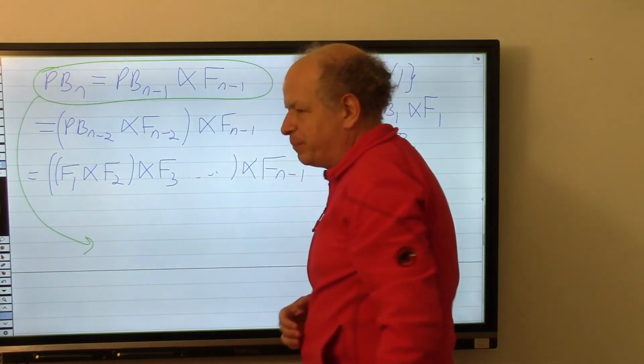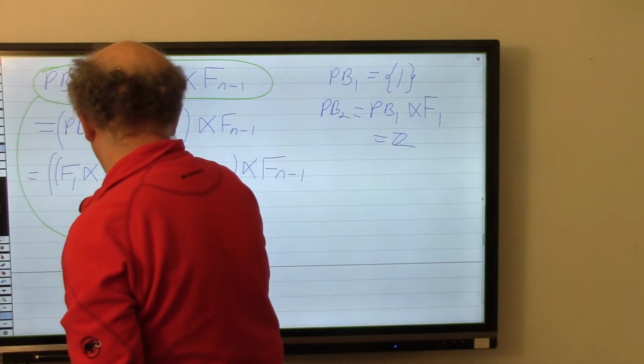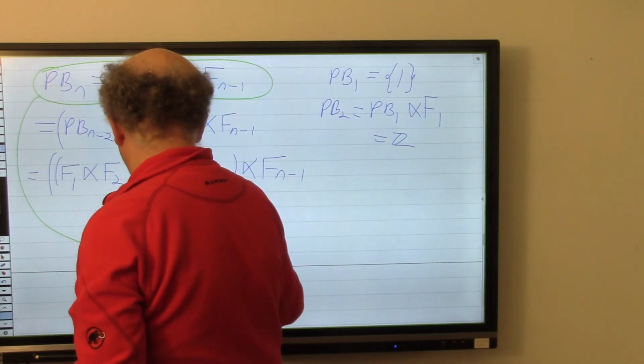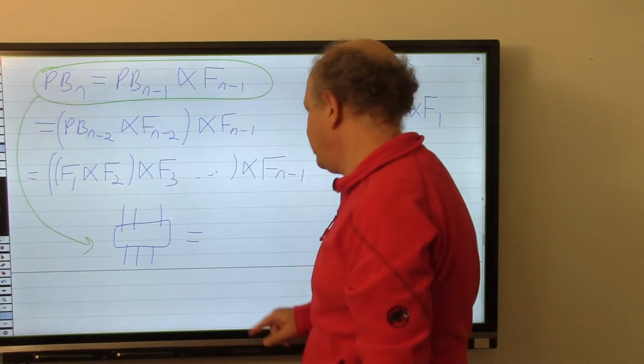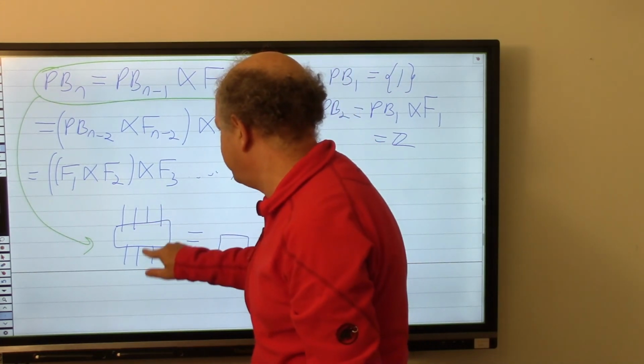followed by, so pictorially, if you have a braid on n strands, you should be able to write it as a braid on, let's make n 4.